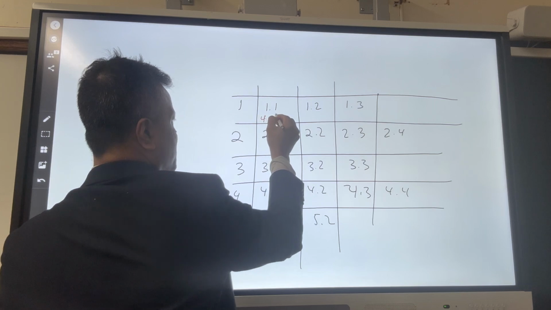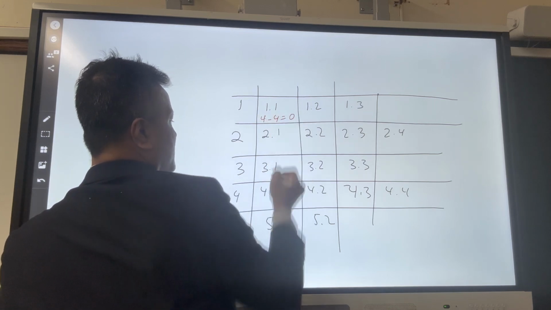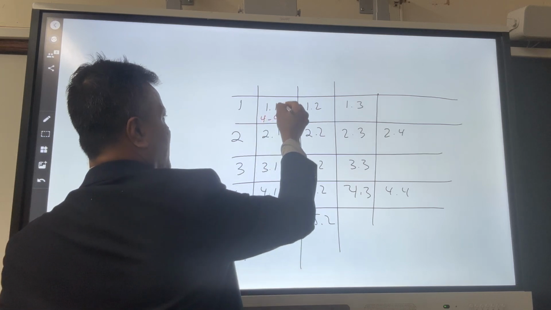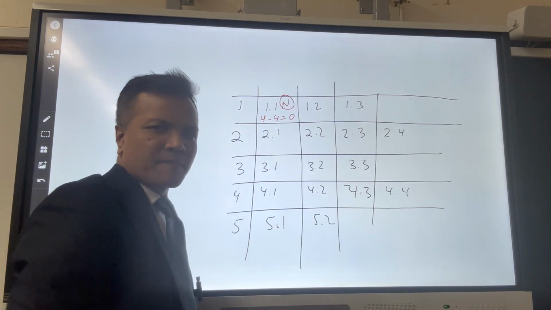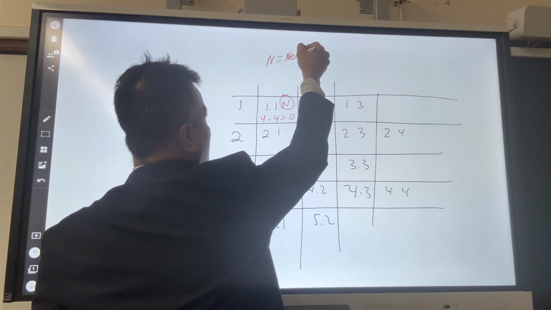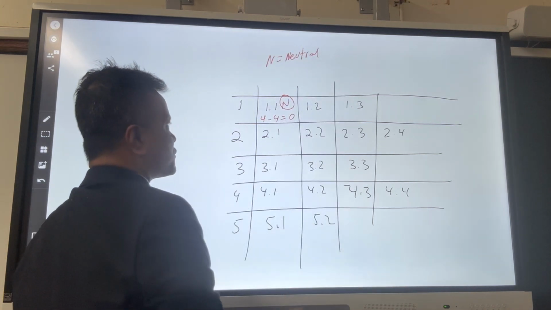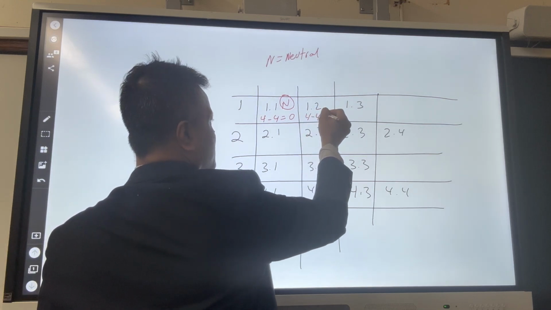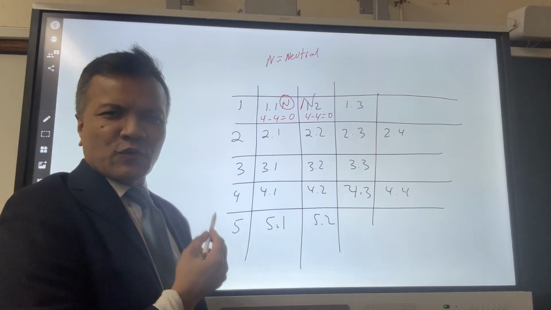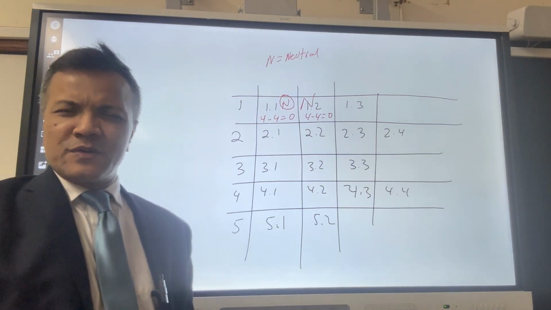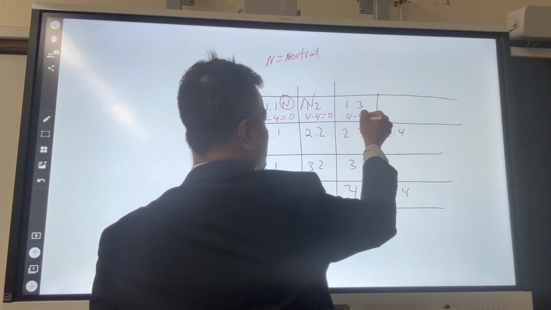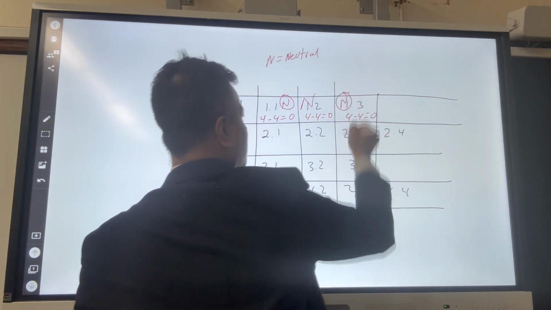Scenario 1, 4 electron minus 4 proton, 0 net charge, and this is neutral. So N for neutral. Scenario 2, 4 minus 4, 0, neutral. 4 proton, 4 electron, net charge is 0, so it's neutral. 4 minus 4 is 0, neutral.